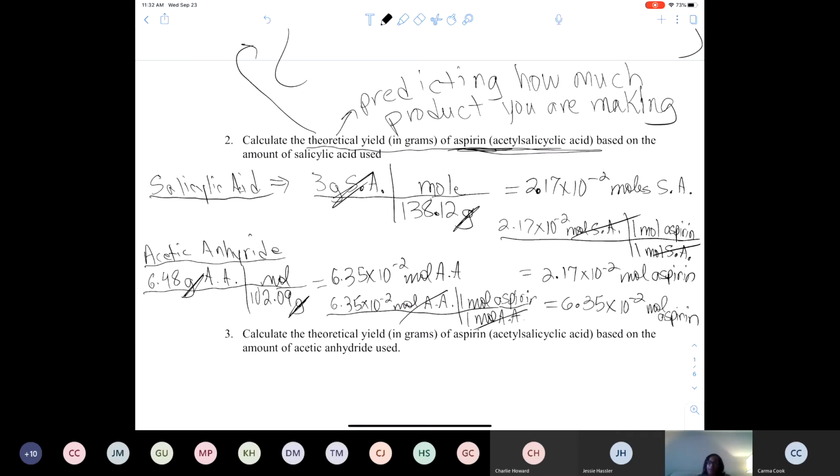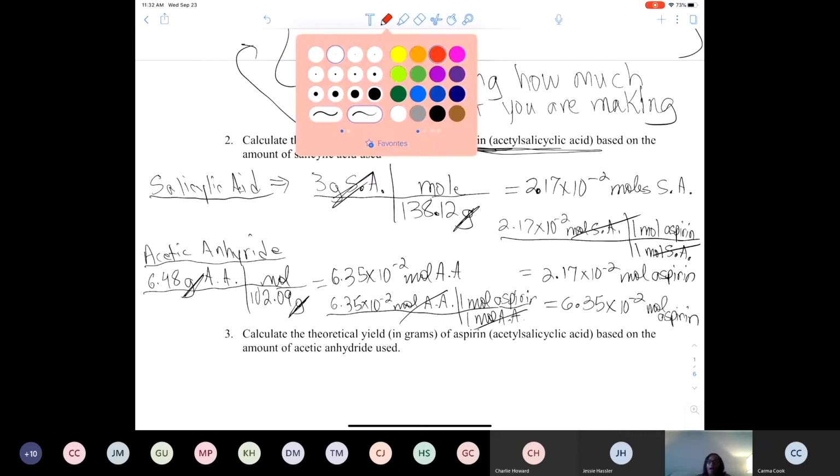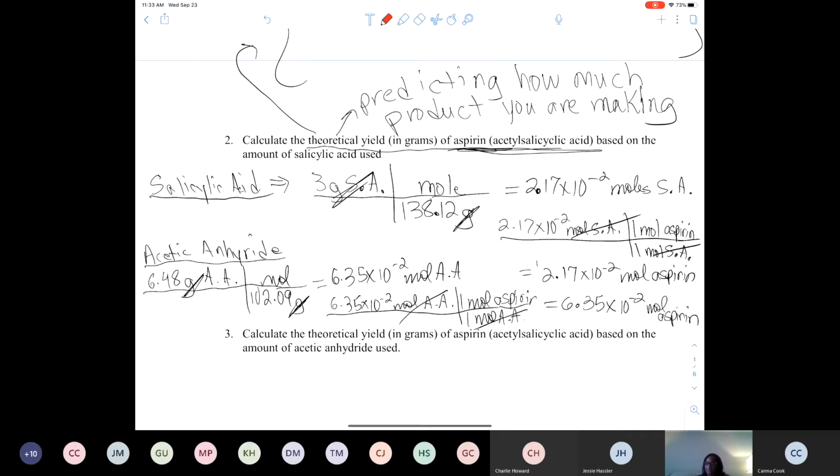And so we have to now pick, well, which one of these is our theoretical yield? Are we going to make 2.17 times 10 to the negative 2 moles of aspirin? Or are we going to make 6.35 times 10 to the negative 2 moles of aspirin? Well, the answer is always the smallest.